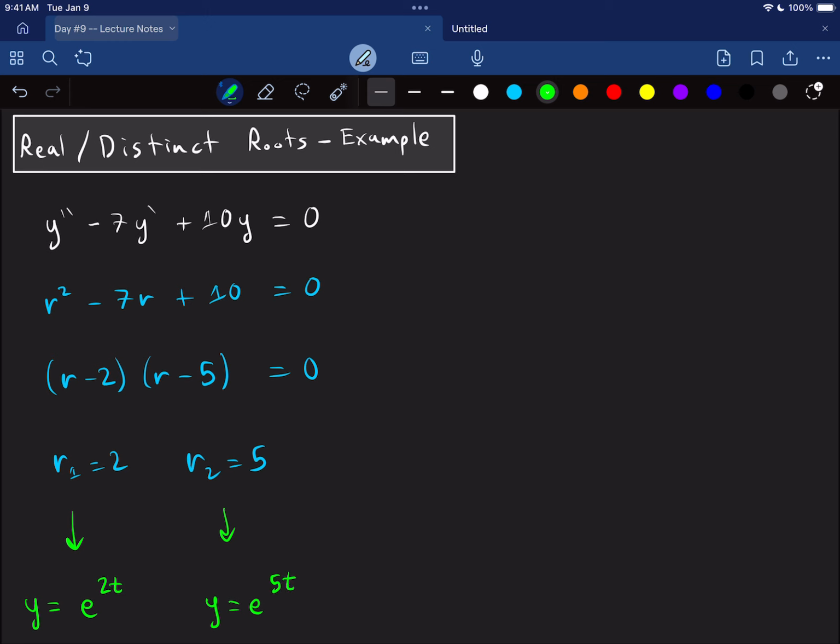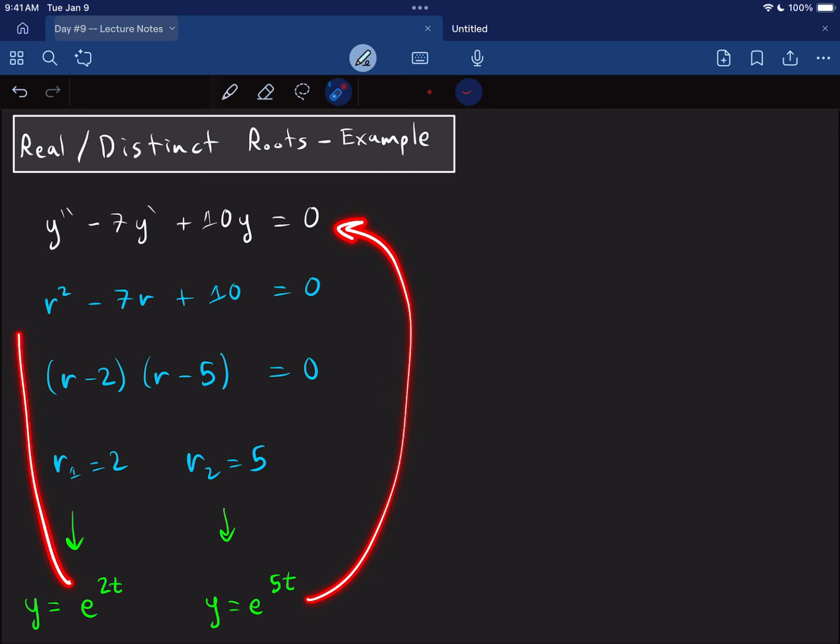So I have two answers here. y equals e to the 2t and y equals e to the 5t. And you can check these. Pause the video, verify that these two answers in the green solve this differential equation. You can plug each of them in separately, and they will work.